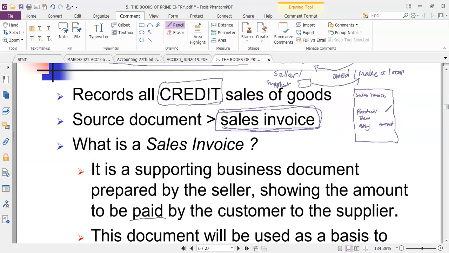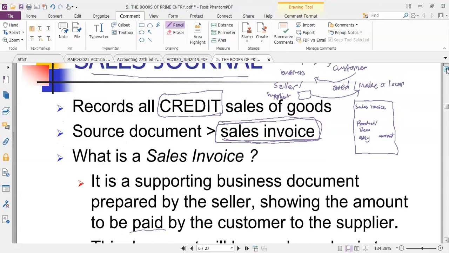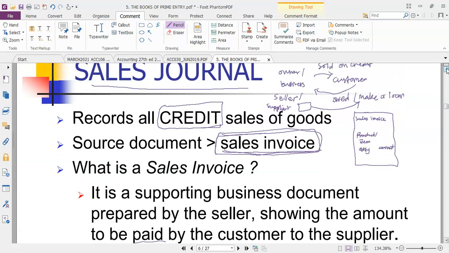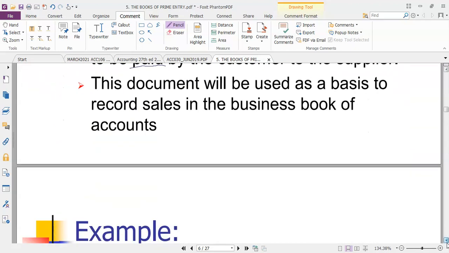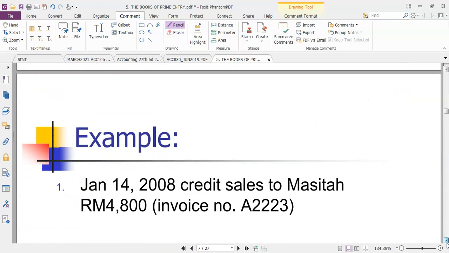Sales invoice is our source document in order to determine whether the seller has an amount on the sales journal.